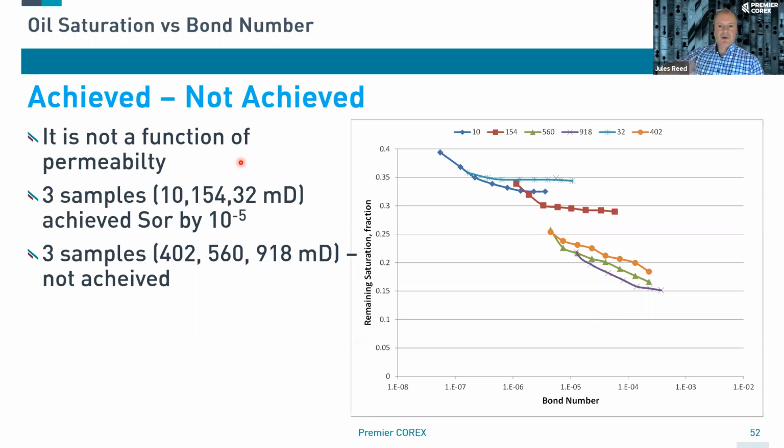So for water wet cases, something close to 0 capillary pressure will be approximately similar to SOR for very strongly water wet cases. By strongly water wet, I'm talking on a wettability scale of plus 0.5 and over.